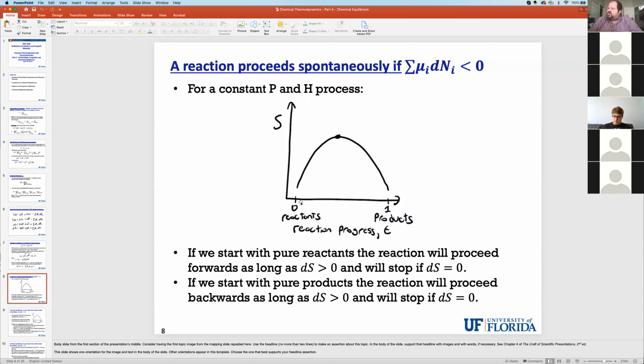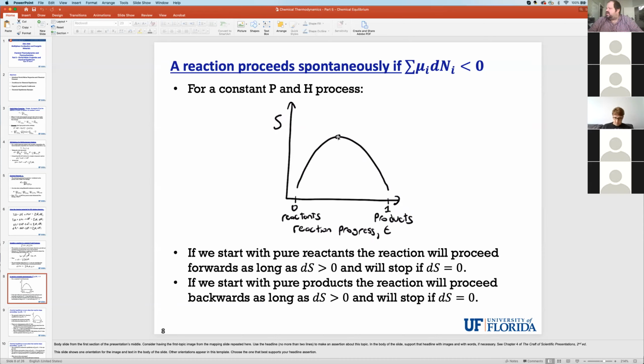It is 0 if you are in the pure reactant state, and it is 1 if you are in the pure product state. So if we were to plot the entropy as a function of this reaction progress, we know that if the reaction progresses, it will go up and up, and eventually we will hit a maximum.